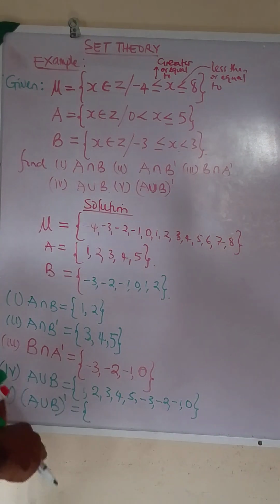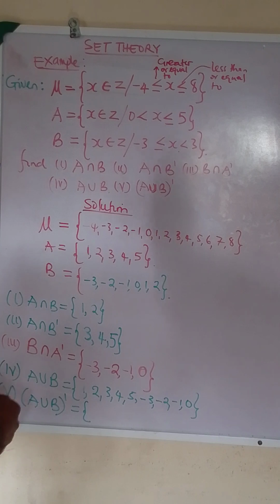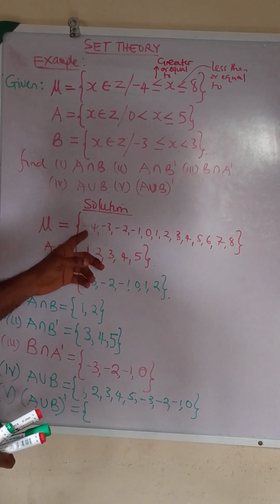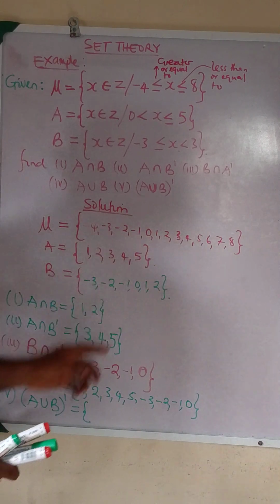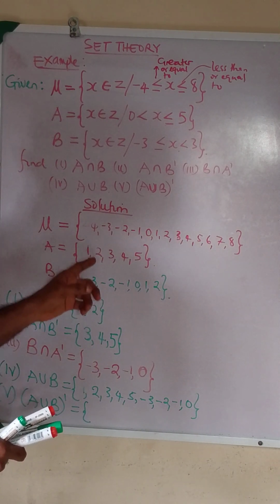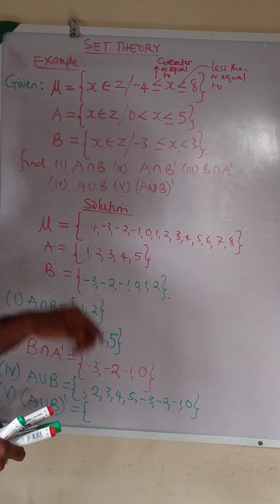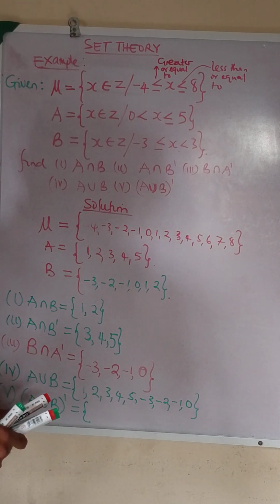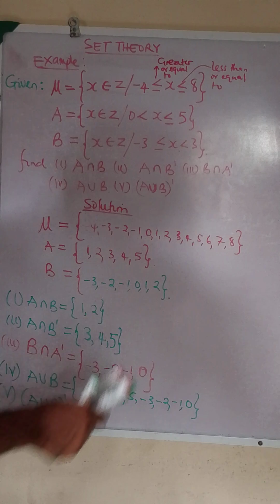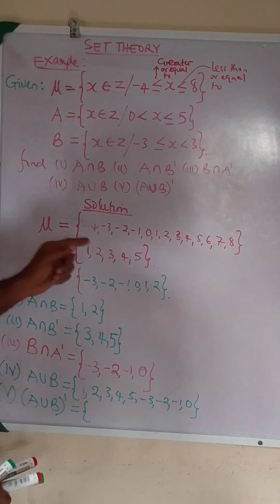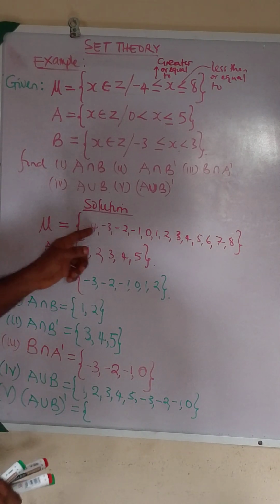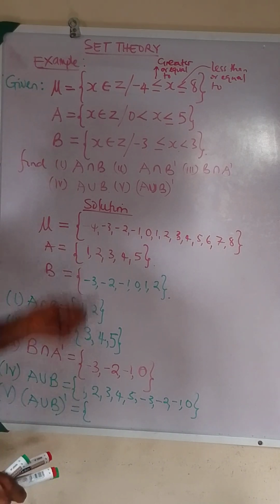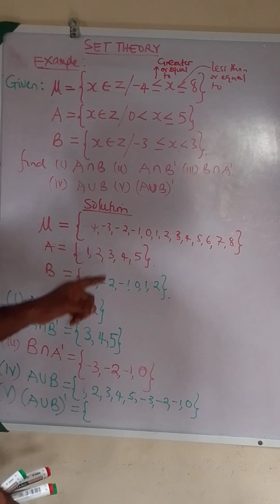What this means is all the elements that we have in the universal set that are not in A and also not in B. I repeat, A union B in brackets prime means all the elements in the universal set that we can't find in A, and we also cannot find in B.